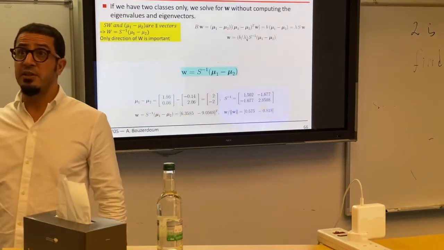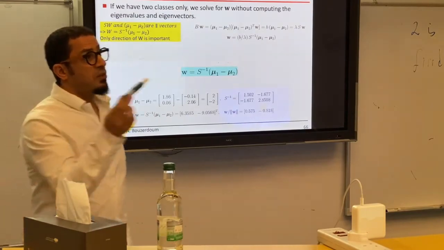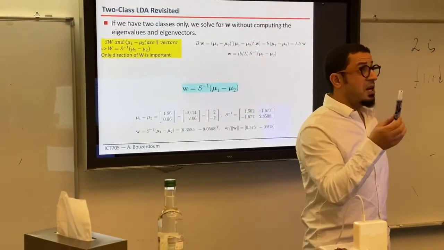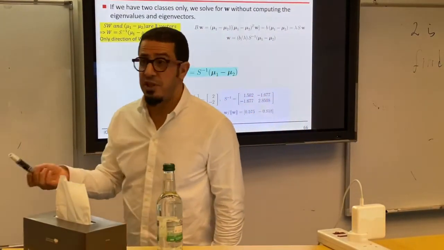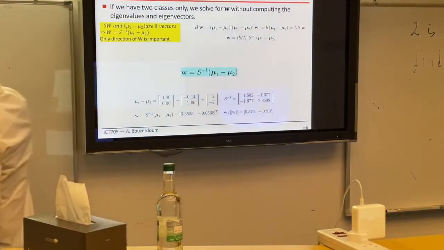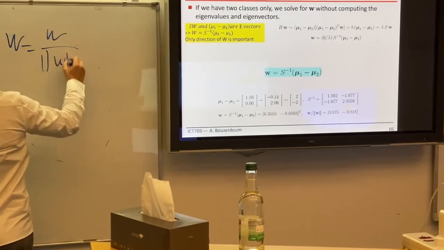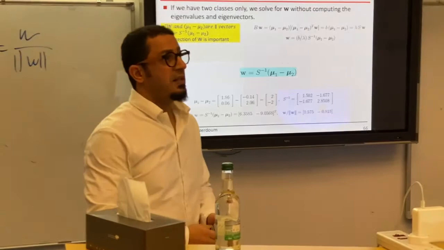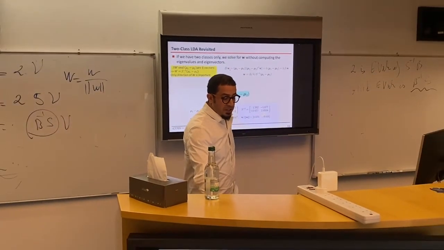I just need the direction, right? Because what is the most important for us is the direction. Big or small, it doesn't matter, because later on I have to change it to a unit vector. So W is always equal to W divided by the norm, to make sure that it is always a unit vector.